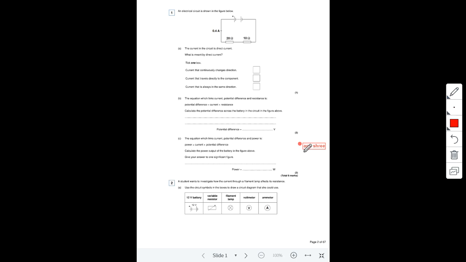Now see question number second. So one by one you solve the questions. Okay. Is it 120 volts?